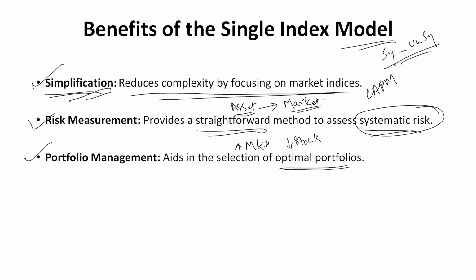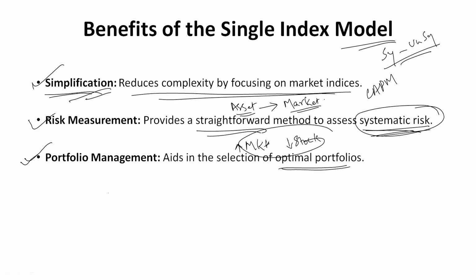So if this increases, this will also increase; if the market decreases, stock may increase. So both ways it can happen, and this is a reflection of the systematic risk, because the market incorporates all the systematic risk and not the unsystematic risk or the non-systematic or controllable risk. Okay, so that's another benefit of it.